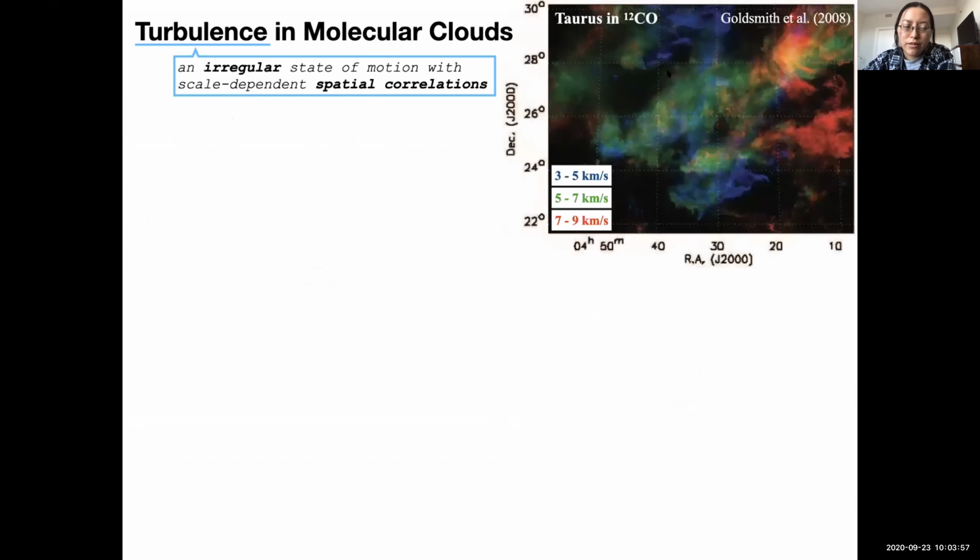So what is turbulence in the molecular cloud? By definition, it points to an irregular state of motion, but you also expect turbulence to have some scale-dependent spatial correlation. So it's not totally random motion. Typically, we use the line width or the velocity dispersion to trace the amplitude of turbulence in the cloud.